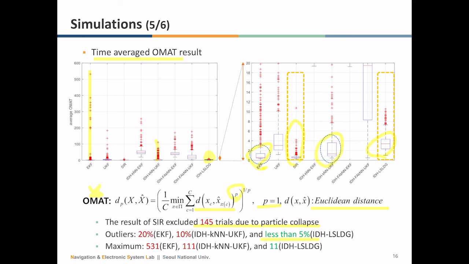The maximum value of the averaged OMAD is 531 for EKF, 111 for IDH-KNN-UKF, and just 11 for IDH-LSLDG.